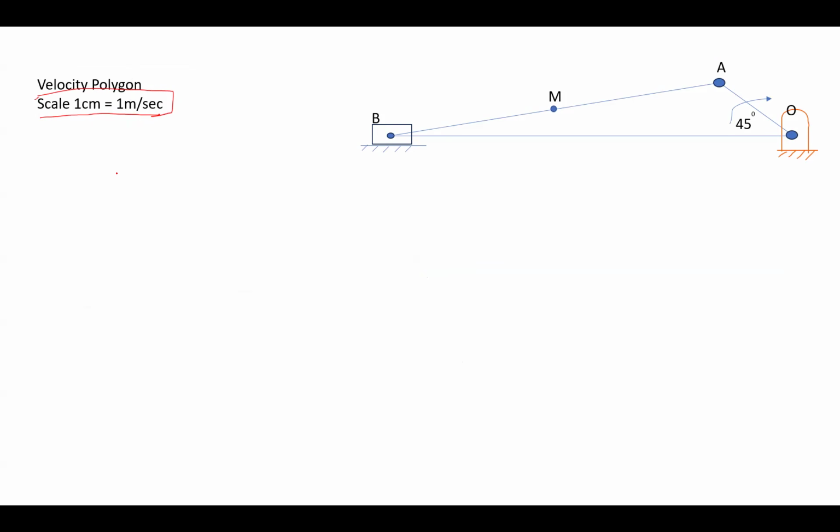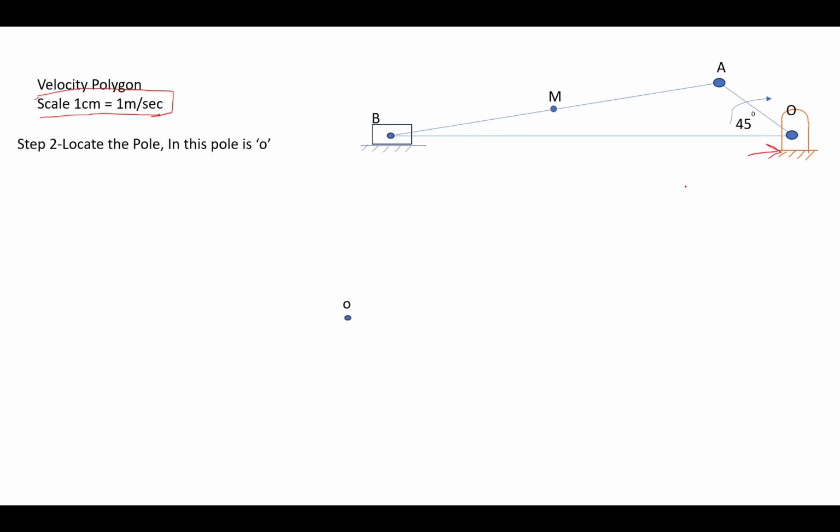Always to draw the velocity polygon, you have to start with locating the pole. Poles are the fixed positions from your space diagram. Which is the fixed position? O is the fixed position. So locate the pole first. So here comes the O. We have located the O pole in the space of your paper at appropriate location.